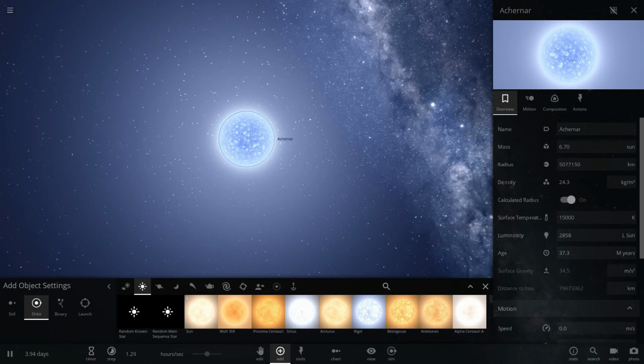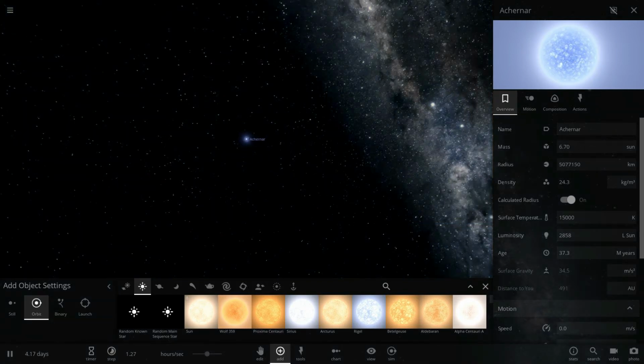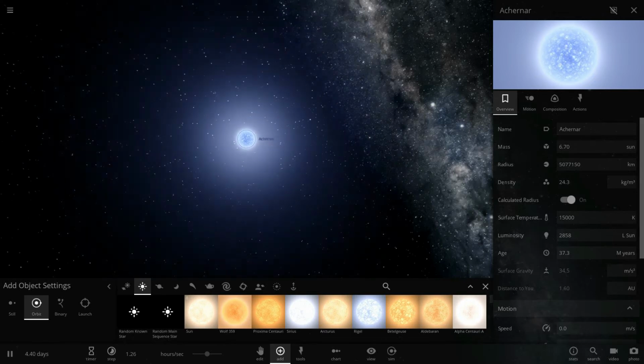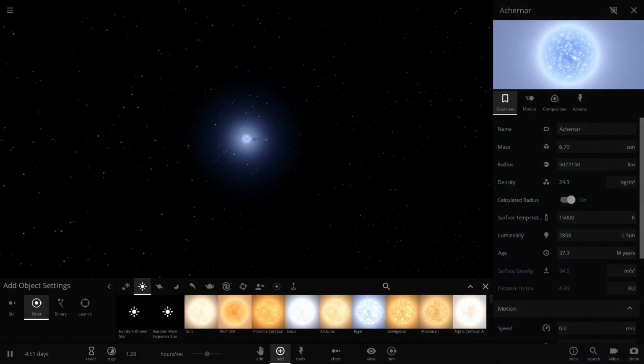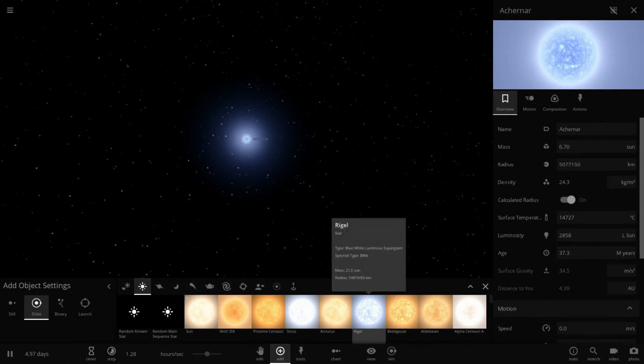You will have to be so far away from these stars just so your rocky planet doesn't melt. These are big, powerful stars. Their surface temperature is 14,000 degrees centigrade.